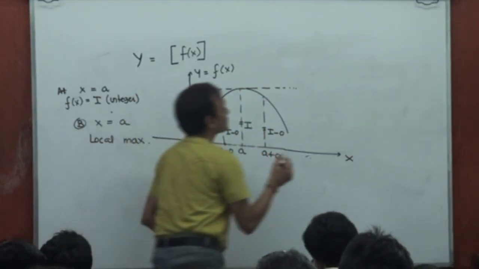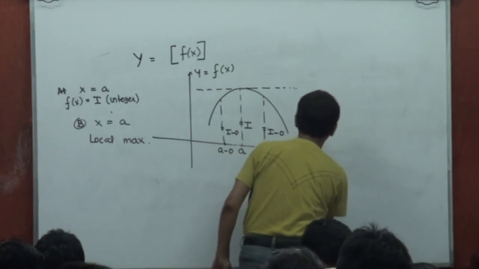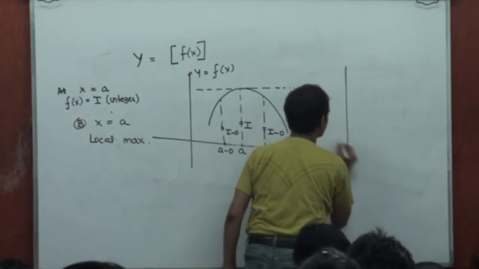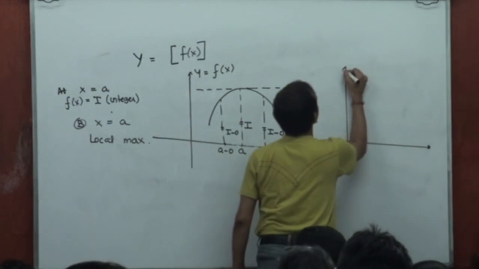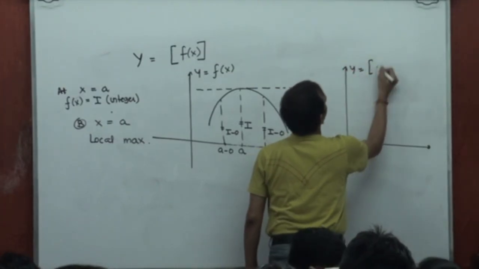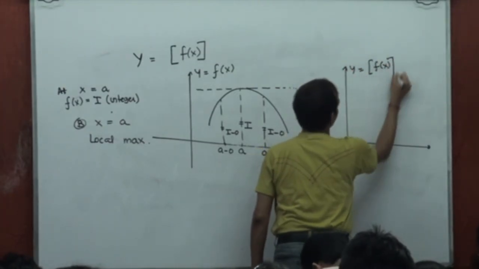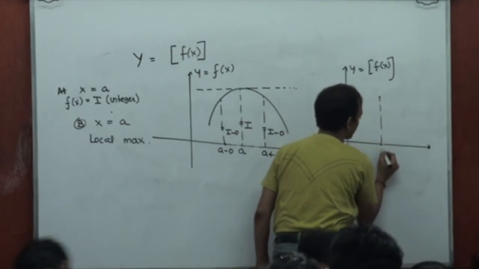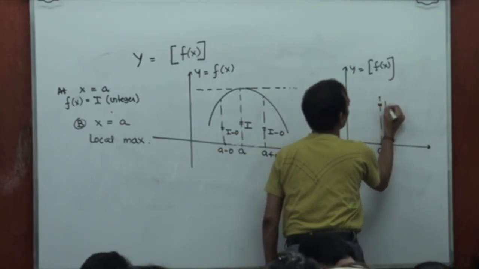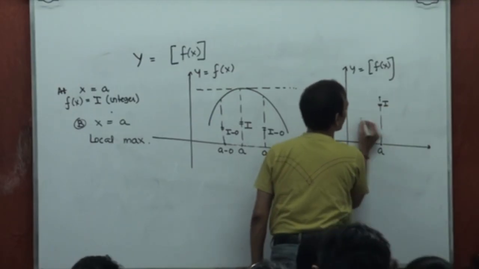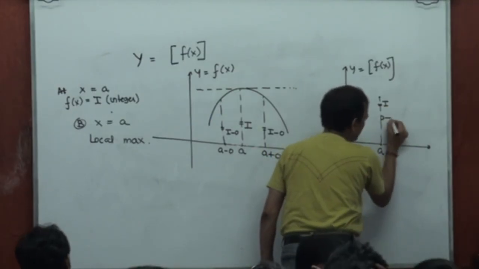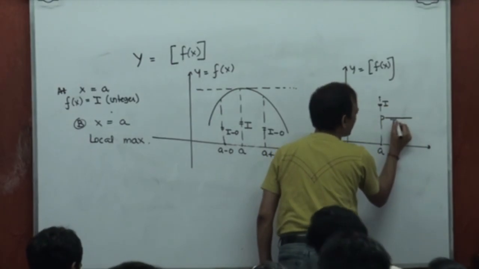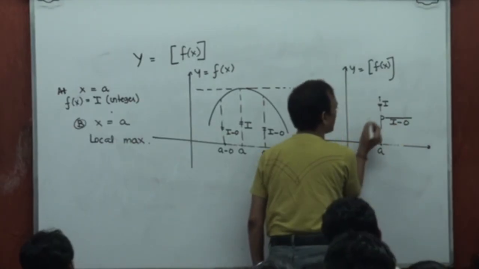Which means box of fx in the proximity of x equal to a will be, at x equal to a, equal to a value I. To the immediate right of x equal to a, fx is slightly less than I, so box of fx would be I minus 1.